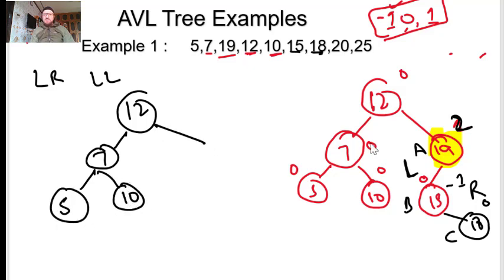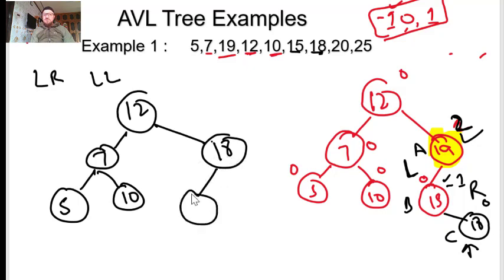What about this guy? Now 19 will not be here because C will come there, that is 18 will come there. So make this A and this B children of this C. So C, which is 18, goes here, and 15, which is B and smaller, will be to the left of it, and 19 on the right of it, so it will be like this. So you can do it this way.